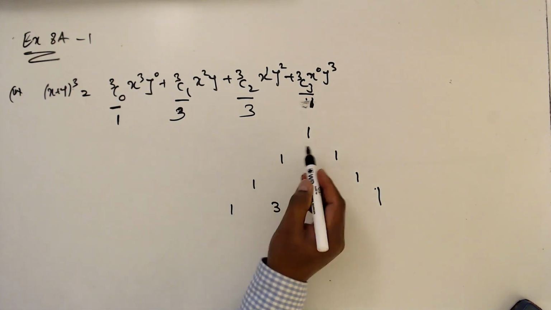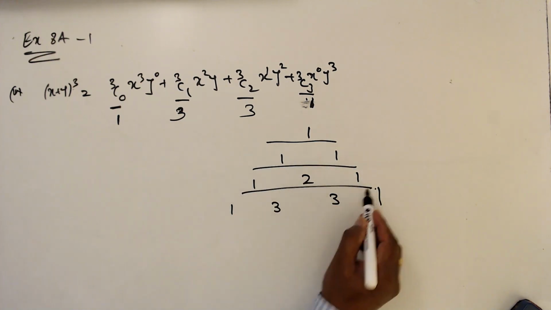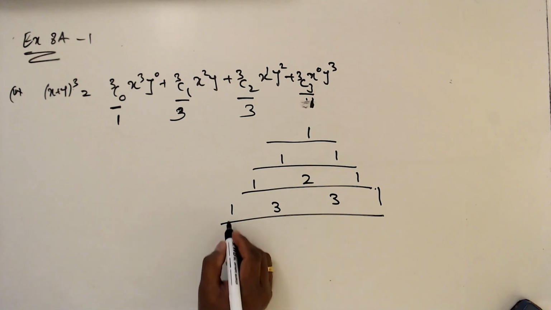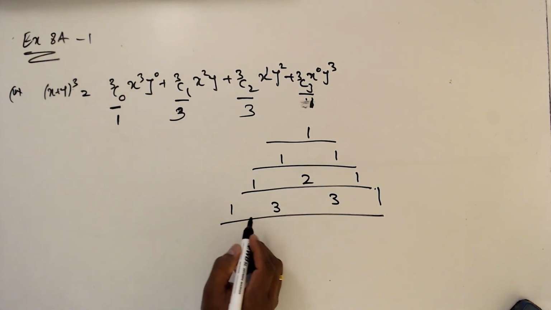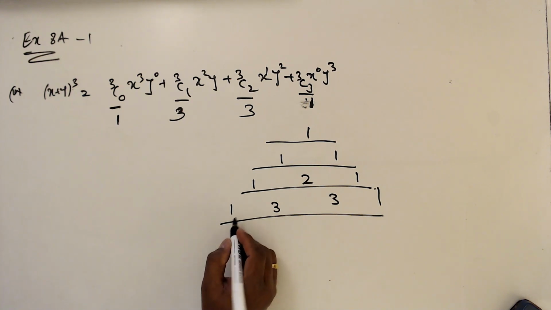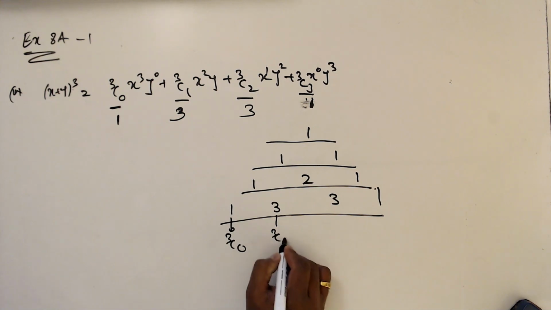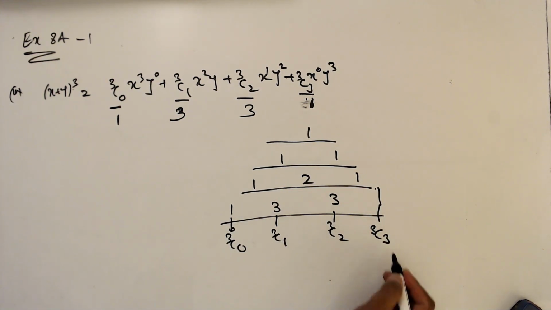So which row is this going to be? First, second, third, fourth. So we can find those coefficients in the fourth row. This is basically 3C0, 3C1, 3C2, and this one is 3C3.